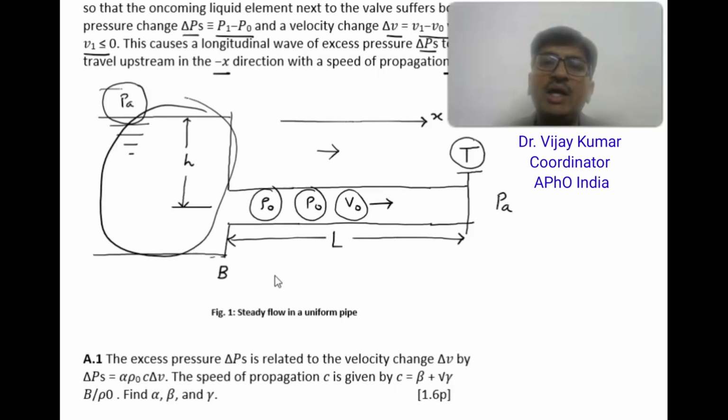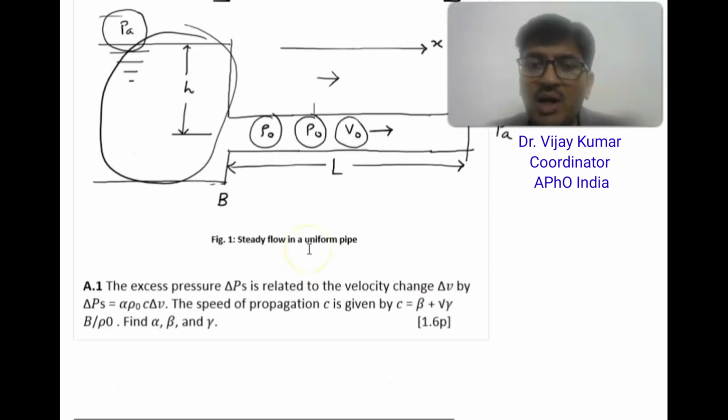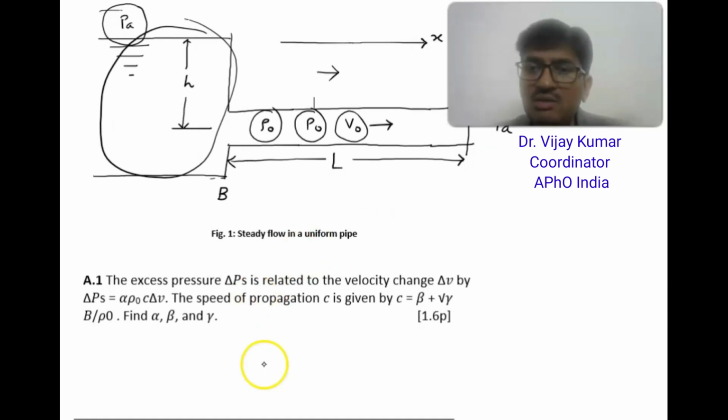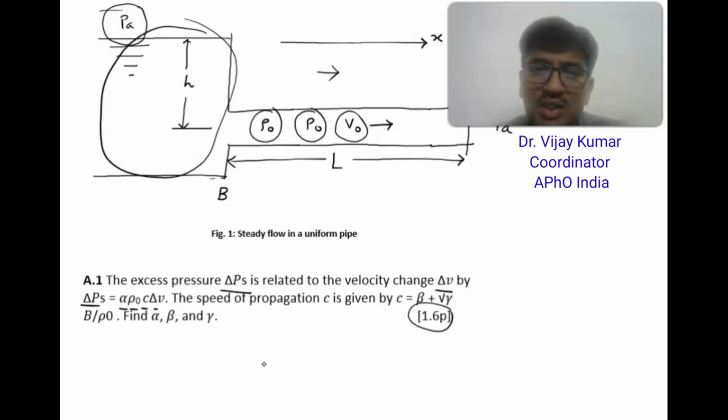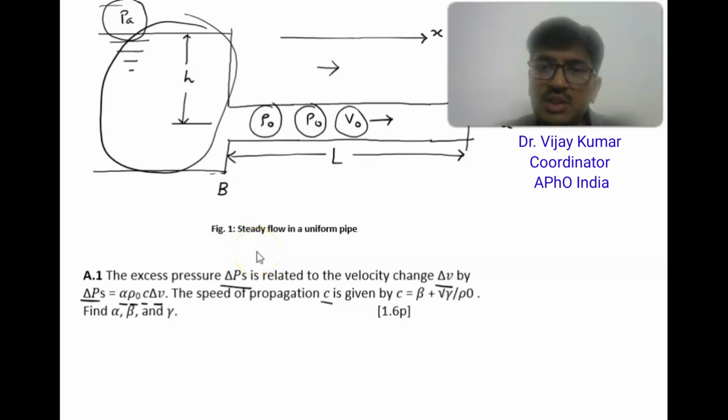So this is the diagram, and part A is divided into two parts, and the marks of part A1 is 1.6. The question is: the axis pressure delta Ps is related to the velocity change delta V by delta Ps equal to alpha rho naught c delta V. The speed of propagation c is given by c equal to beta plus under root gamma upon rho.